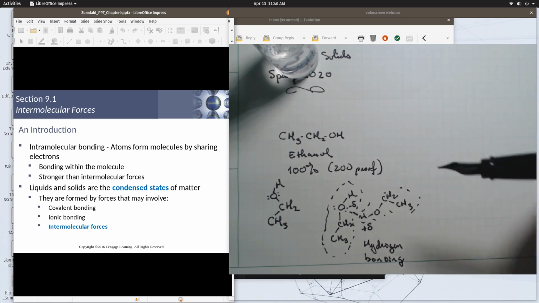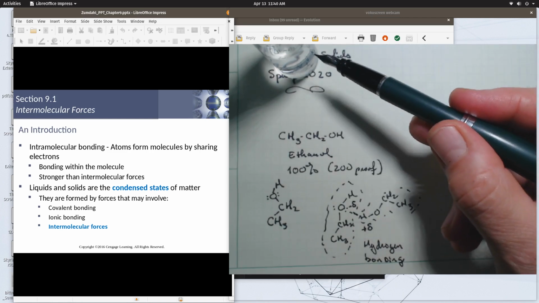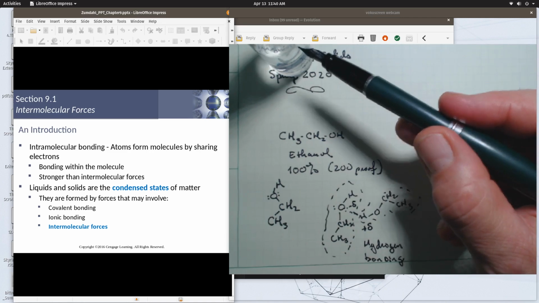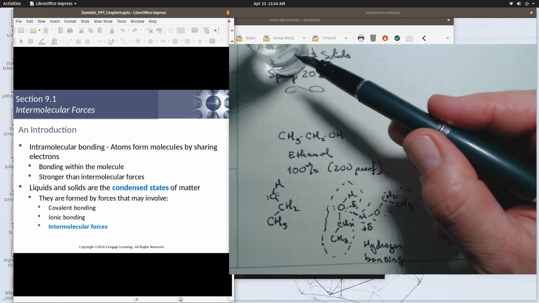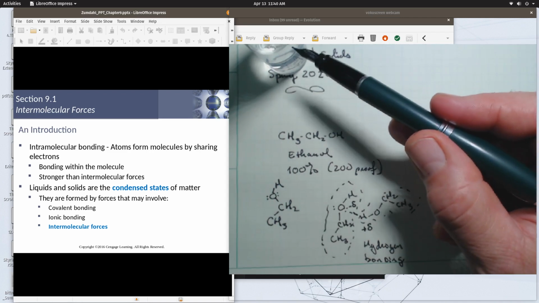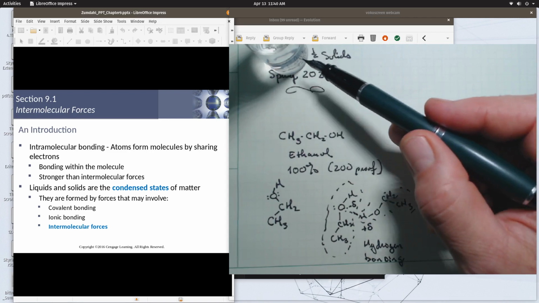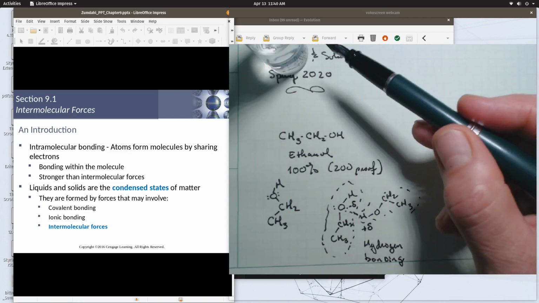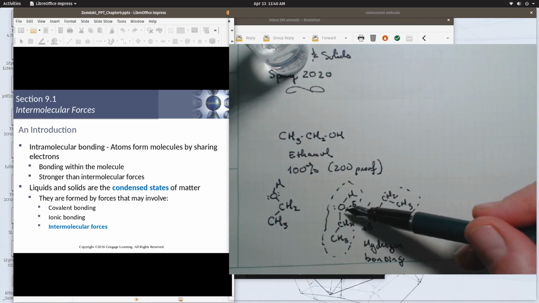It's not as strong as a chemical bond, but it's fairly strong. The hydrogen bonding network is responsible for the fact that ethanol has a fairly low boiling point, or high vapor pressure, compared to water. Water has a much lower vapor pressure and higher boiling point, so ethanol will boil before water, because water would have two of these hydrogen bonds.